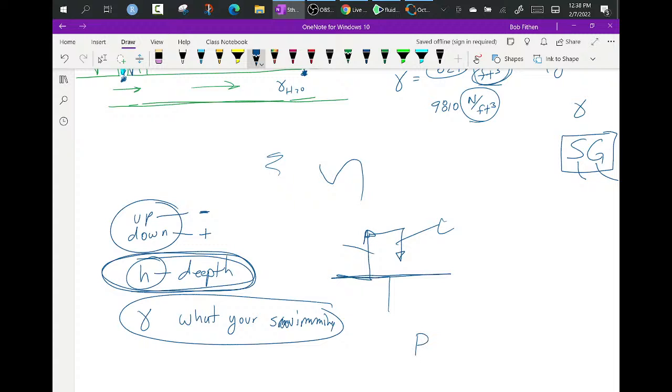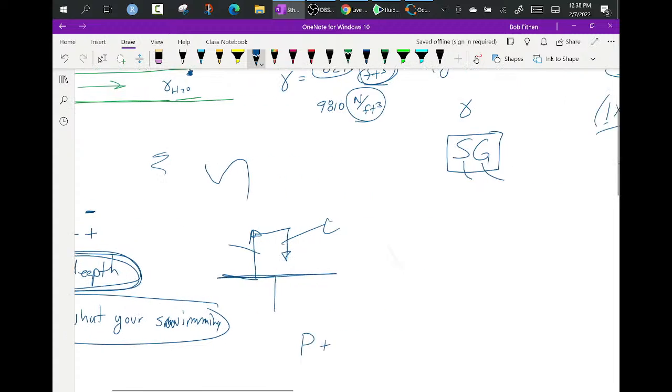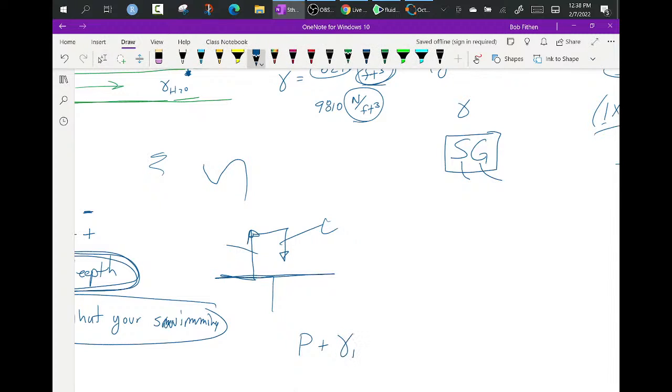So if you think about it, you could just write something down like this. Oh, that's supposed to be gamma.